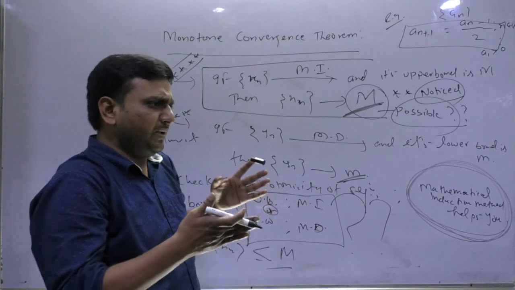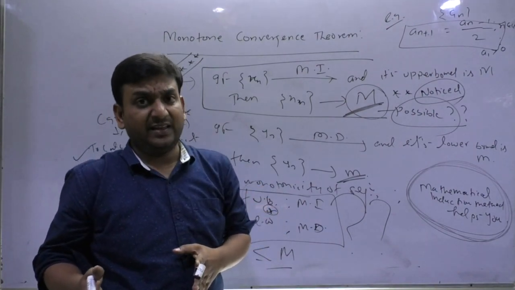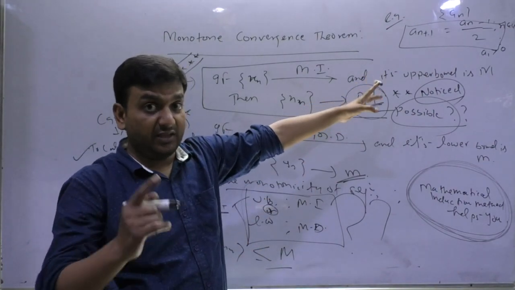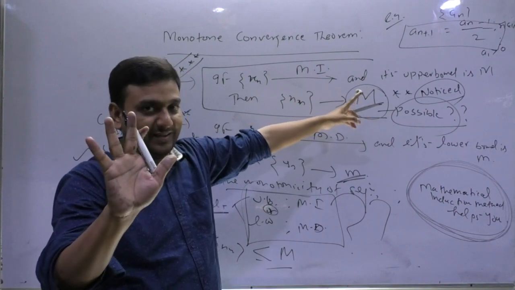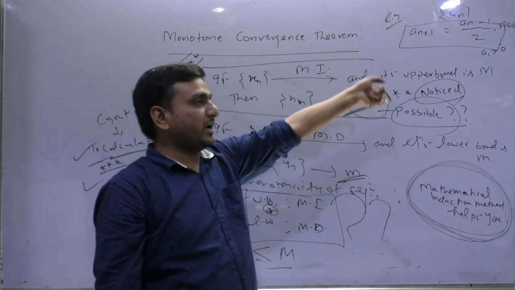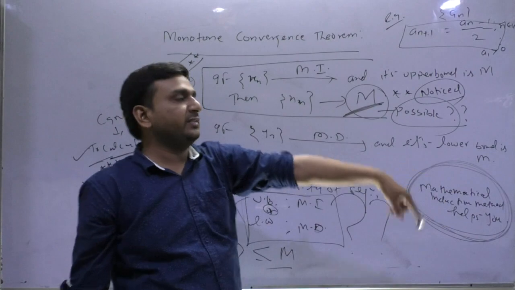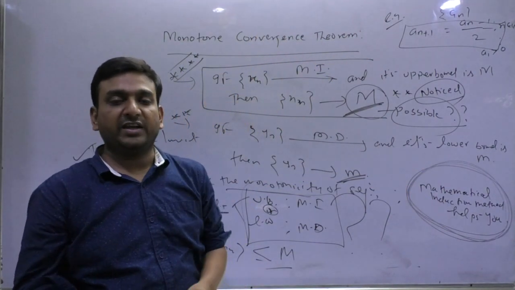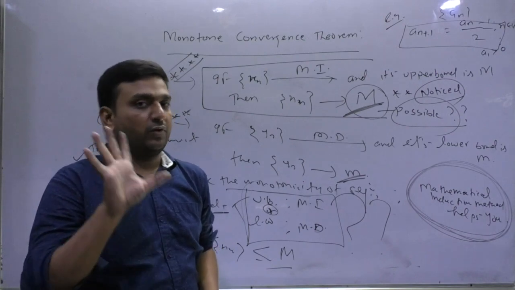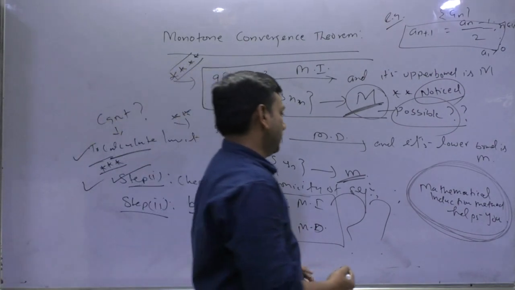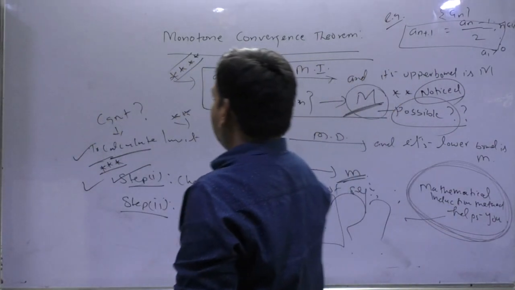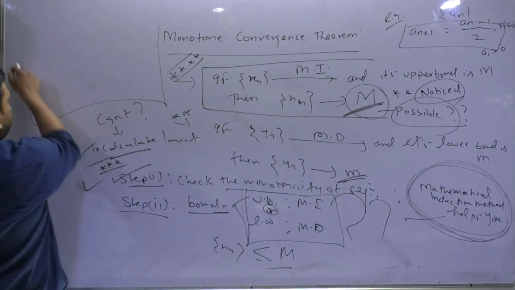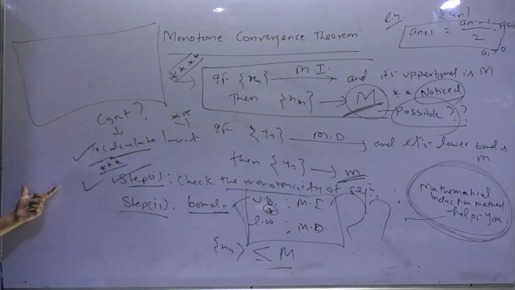Suppose this is coming out monotonically increasing. I am not saying it is coming, you need to check. If it comes out as monotonically increasing and bounded, then by the monotone convergence theorem we can say that it is convergent.